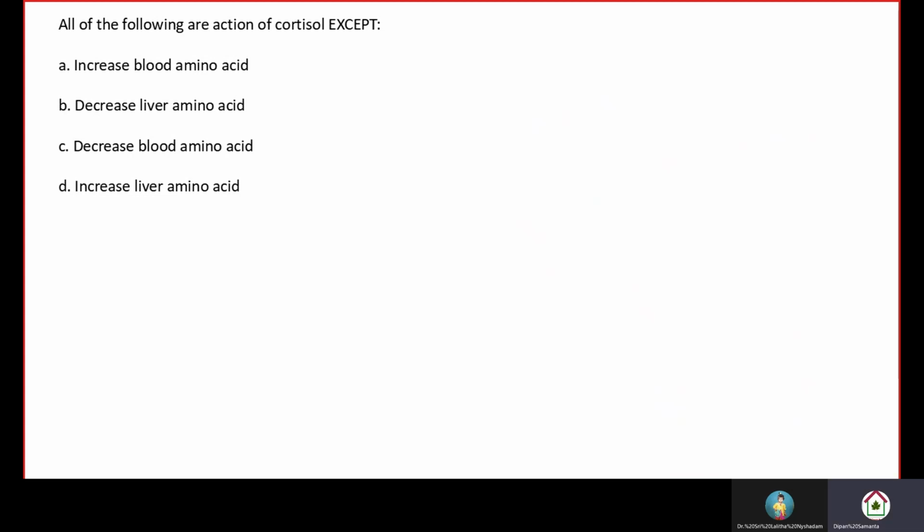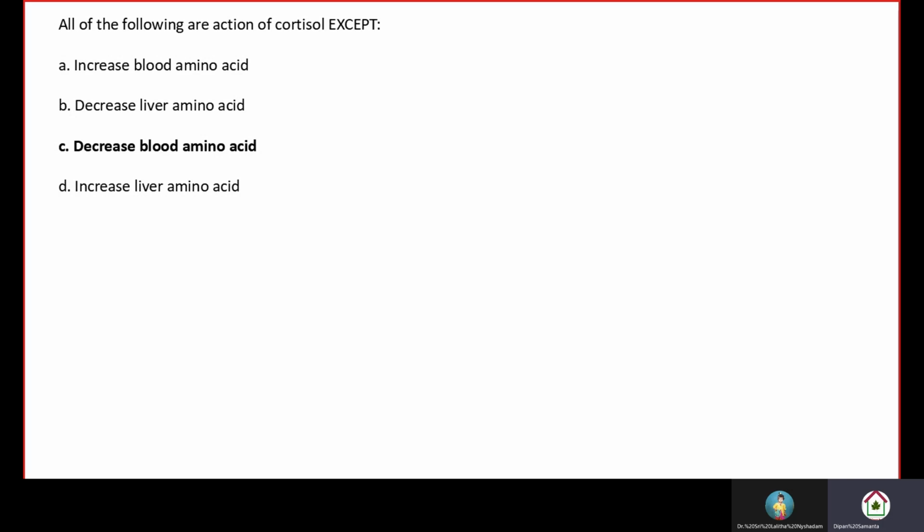So all of the following are actions of cortisol except: increase blood amino acid, decrease liver amino acid, decrease blood amino acid, increase liver amino acid. So the answer will be C, decrease blood amino acid. Now you see the action of cortisol.